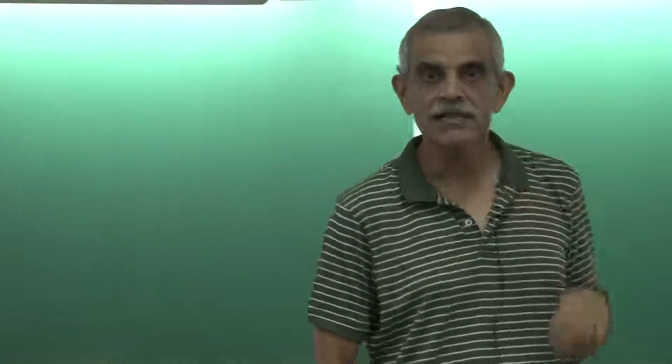So welcome back. So far we did invariant estimation for three kinds of probability models. The first one was the location probability model, then the scale probability model, and then the location scale probability model.